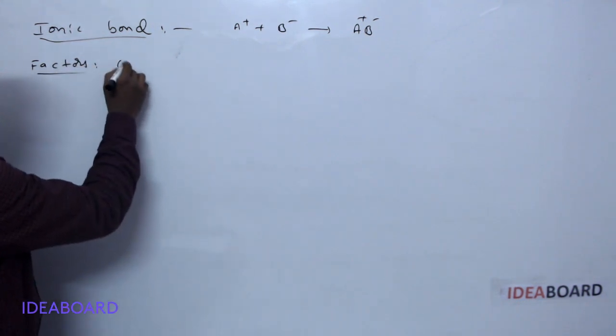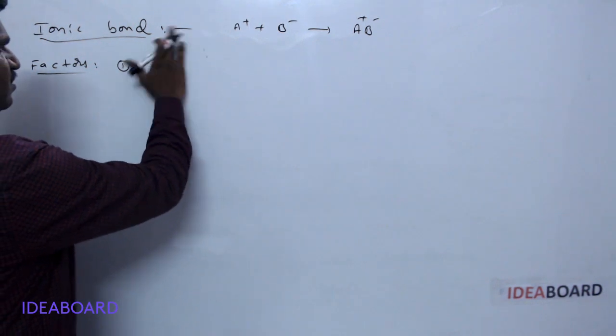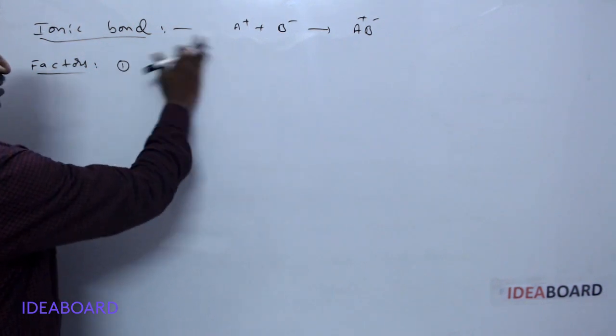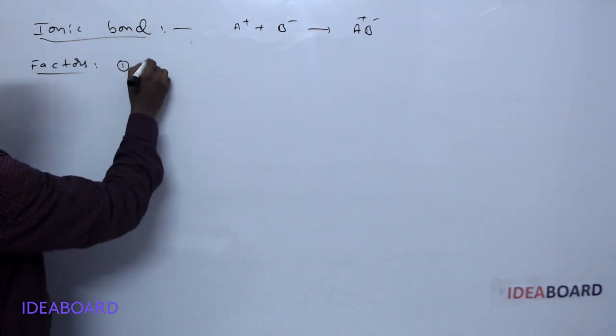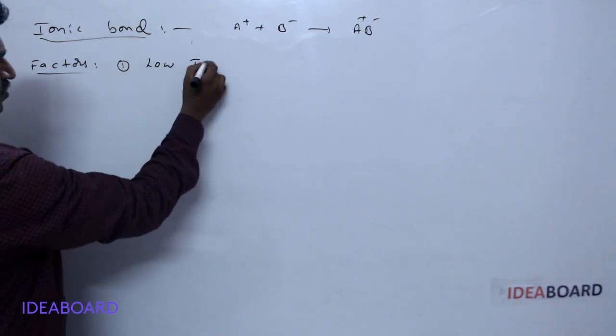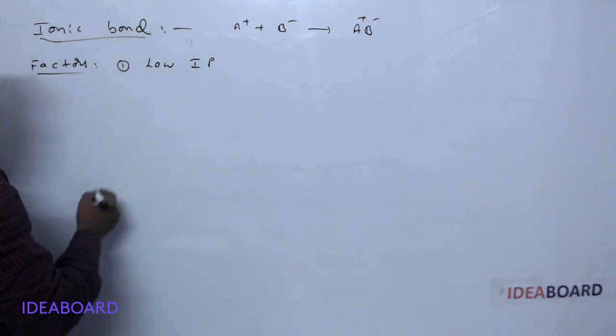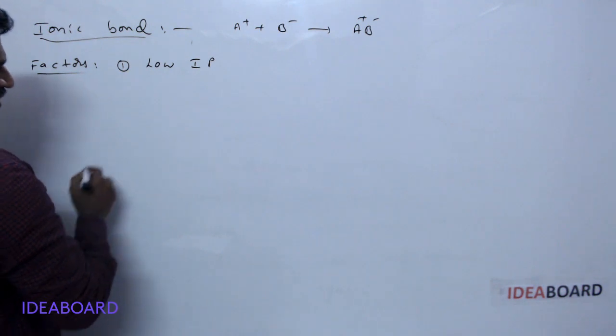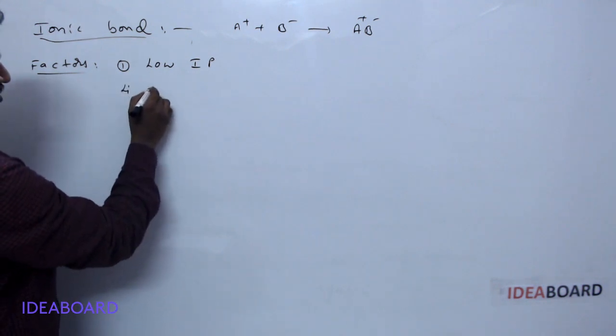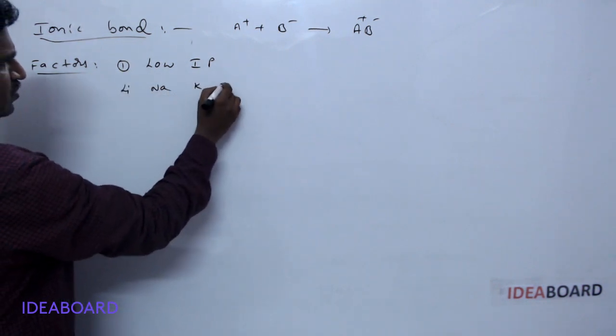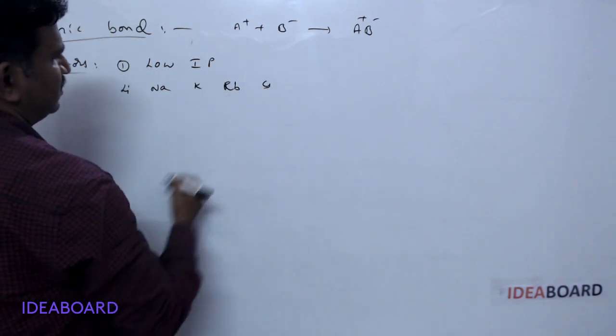The main and most important factor of ionic bond formation is low ionization potential. Here, for low ionization potential, we are taking lithium, sodium, potassium, rubidium, cesium.